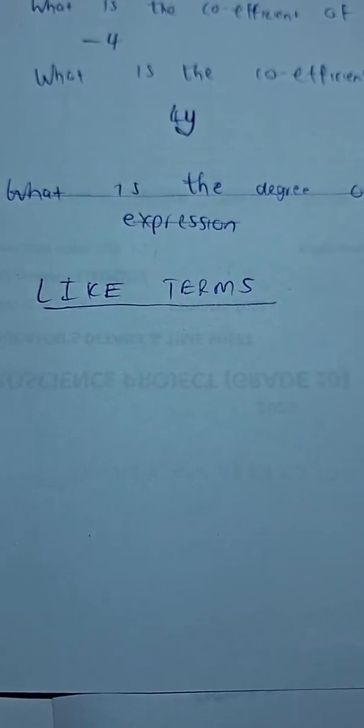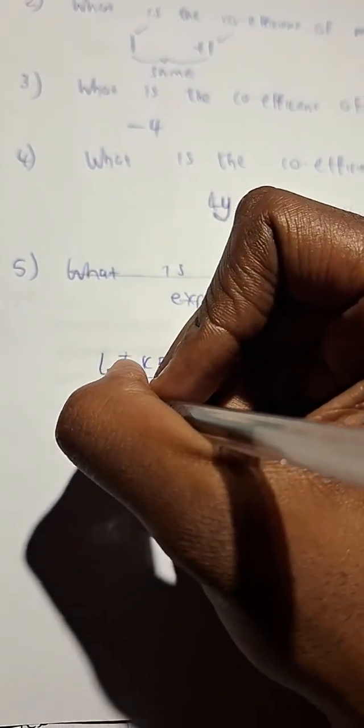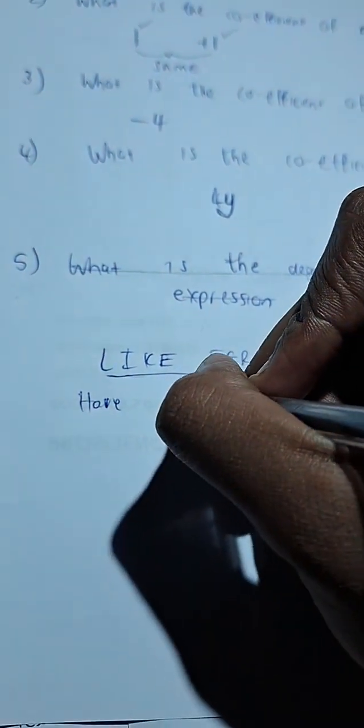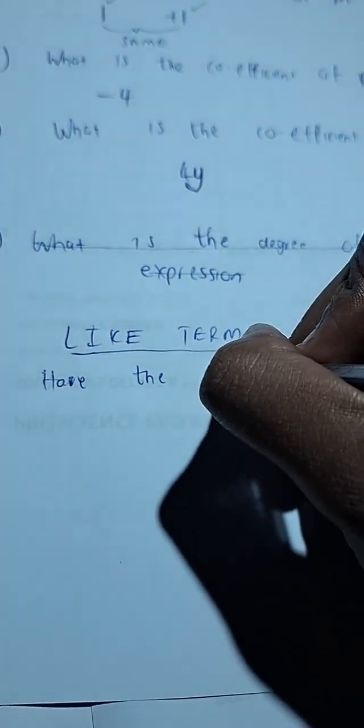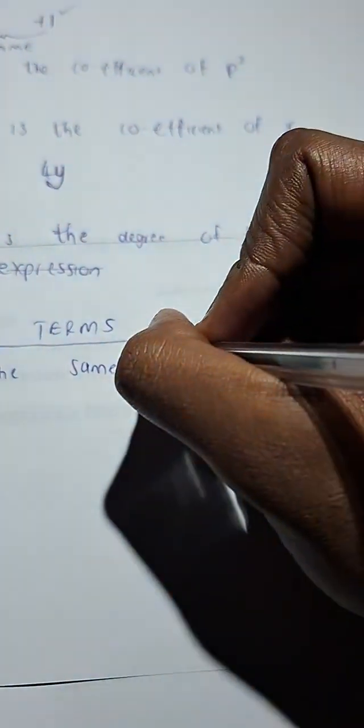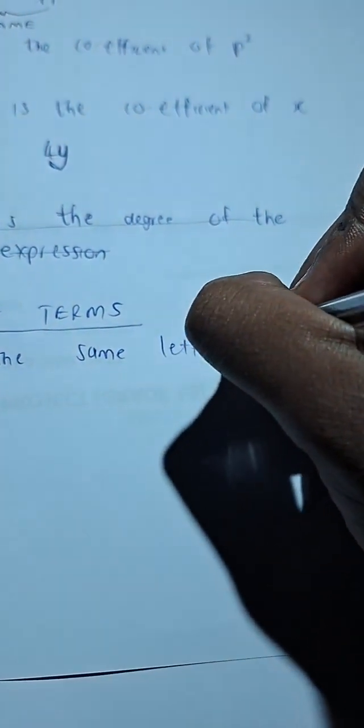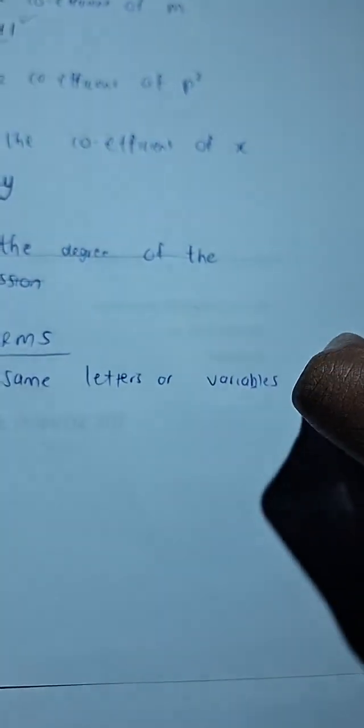Okay, then guys, there's this thing, like terms. What are like terms? Like terms are terms that have the same letters or variables and the same exponents.